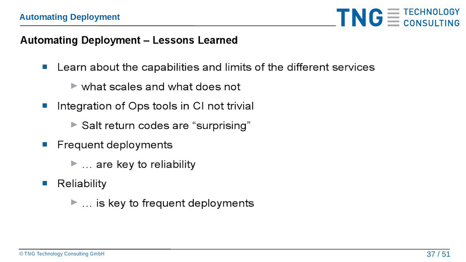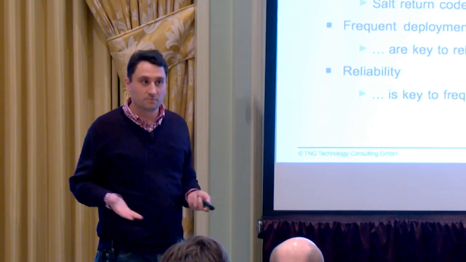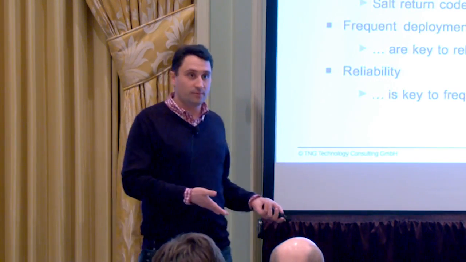Another thing that we came across quite often is that Salt is definitely more an ops tool, and integrating that into Jenkins is sometimes a bit difficult. A problem that we had quite often is that Salt by default, or the only option actually, returns 0 when the Salt command itself was successful.